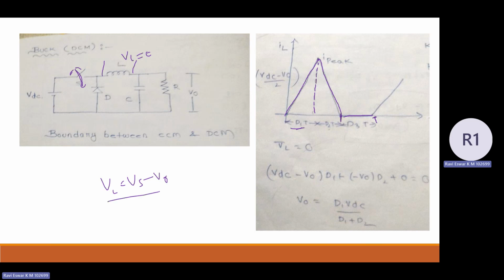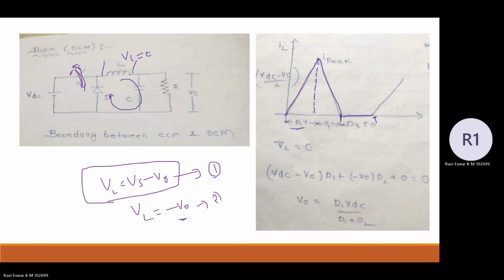So in mode 1, VL is Vs minus V naught. What about mode 2? When I turn off the switch, the inductor discharges with the turning on of the diode. At that time VL equals minus V naught, during mode 2.